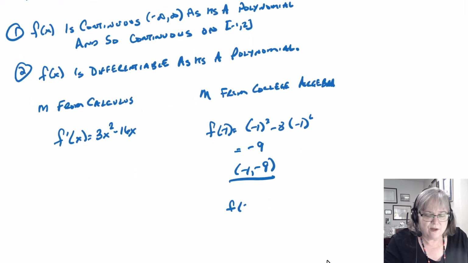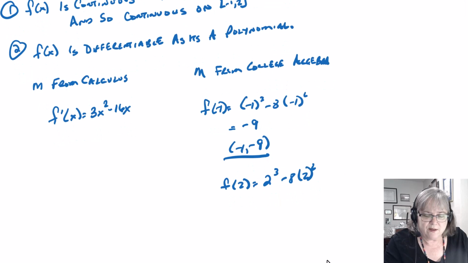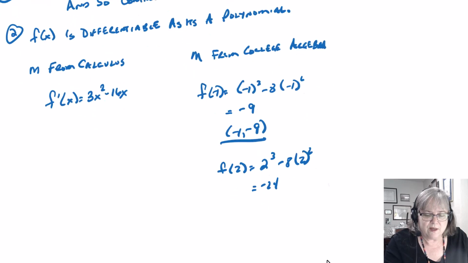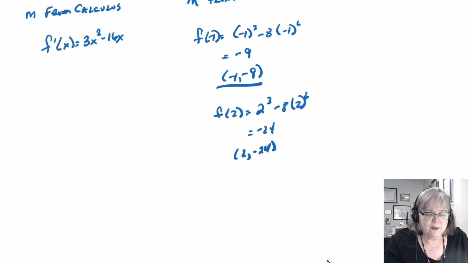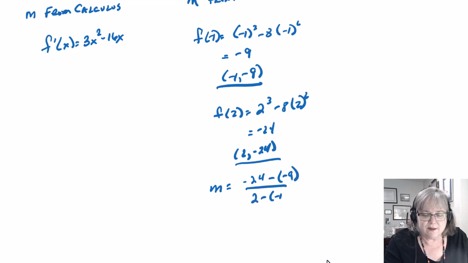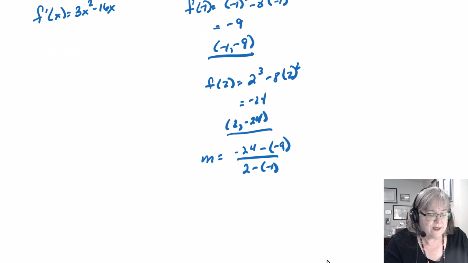and f of 2 is 2 cubed minus 8 times 2 squared. So this turns out to be -24, and this point is 2, -24. So calculating up the slope, you'd have -24 minus a -9 over 2 minus a -1, however you want to say it.